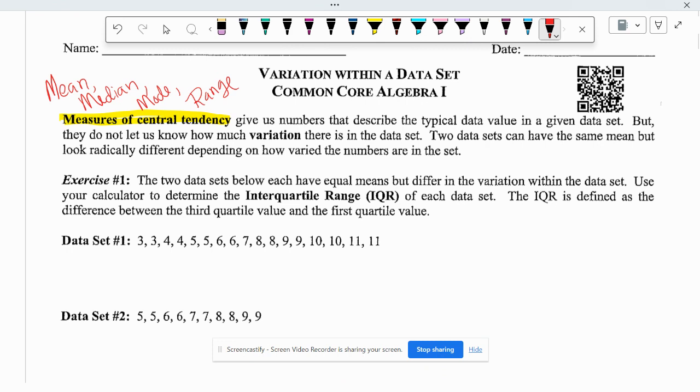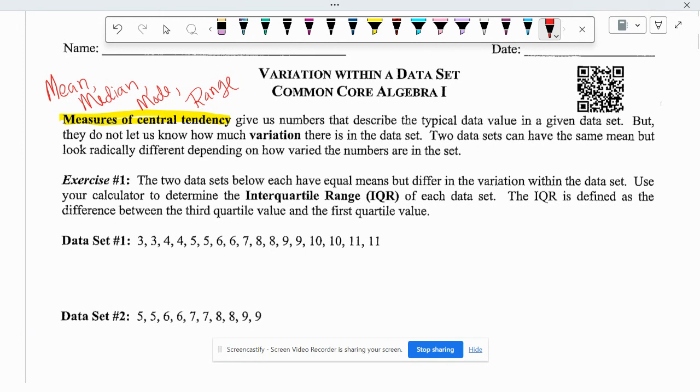Okay. So we use those, and that gives us some valuable information about a data set, but it doesn't give us everything that we need. It doesn't tell us about the variation within the data set.